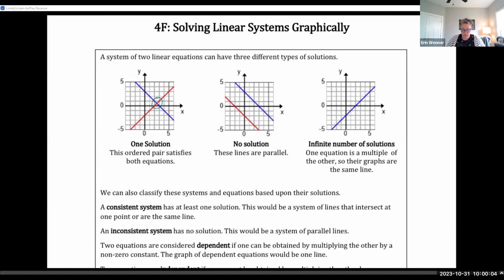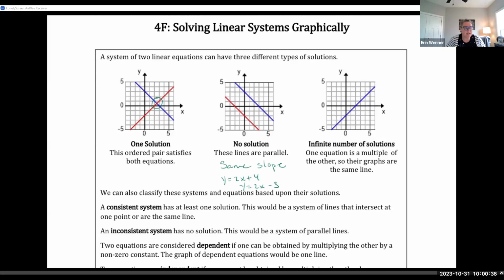So the no solution, when the lines are parallel, means that the two equations or the two lines have the same slope. An example of this would be something like y equals 2x plus 4 and y equals 2x minus 3. They both have the slope of 2, because of the 2 in front of the x, but they have different y-intercepts. And so these would be parallel lines.